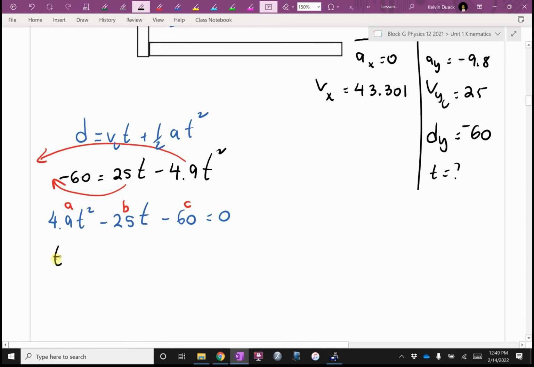So instead of x equals, I'm going to write t equals negative b plus or minus the square root of b squared minus 4ac all over 2a.